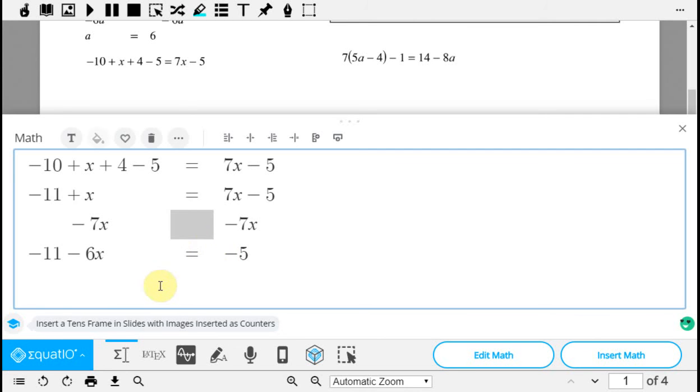Now we're to the step where we have one term isolated by itself, so we need to isolate the other term that's different. So we have a constant on this side. We need to isolate the variable term on this side. We need to get rid of this minus 11. So we will add 11 to this side.